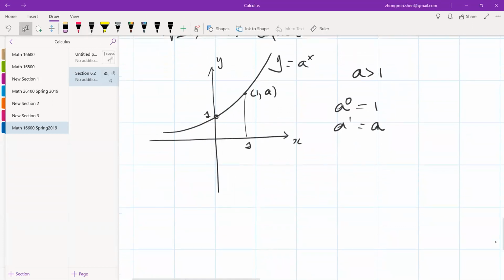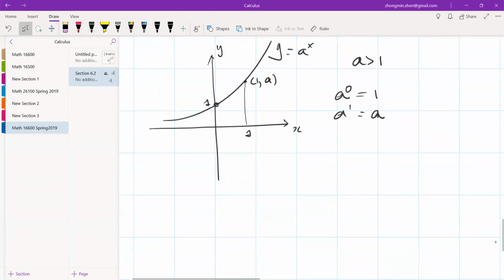Now, if a is between 0 and 1, it's a decreasing function.